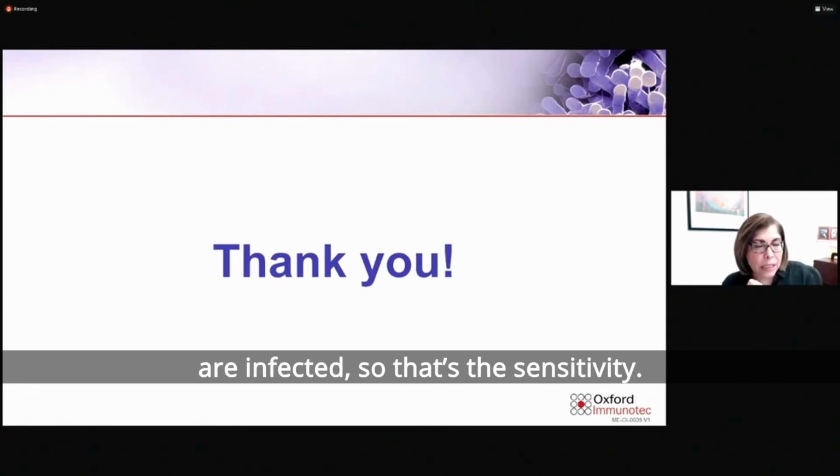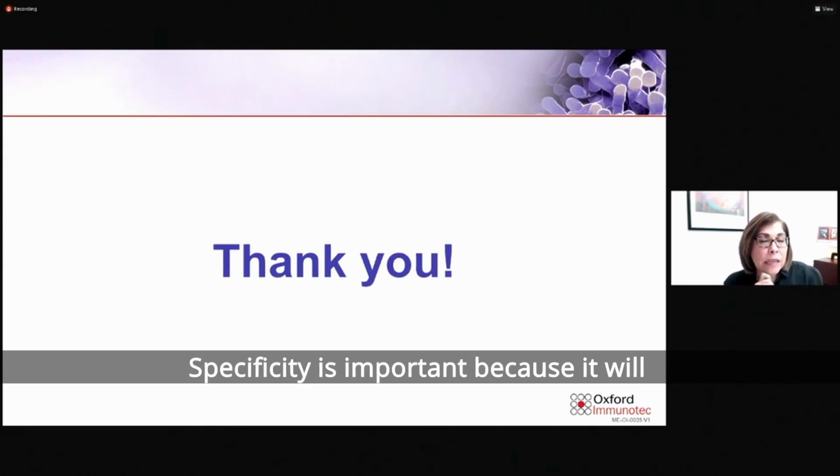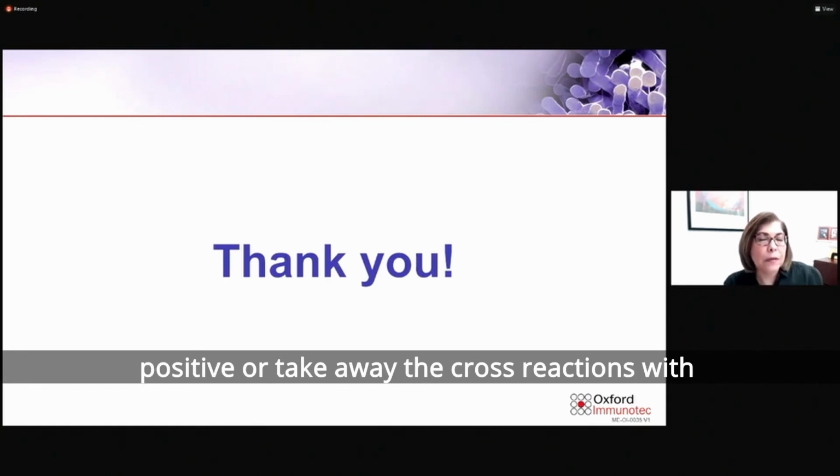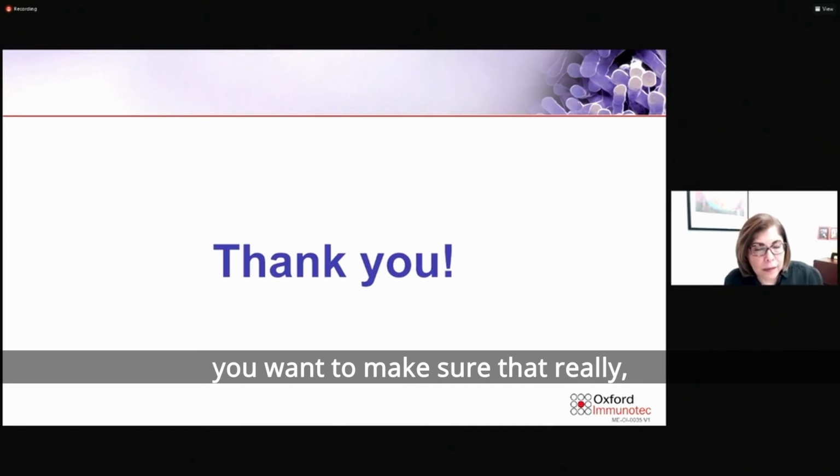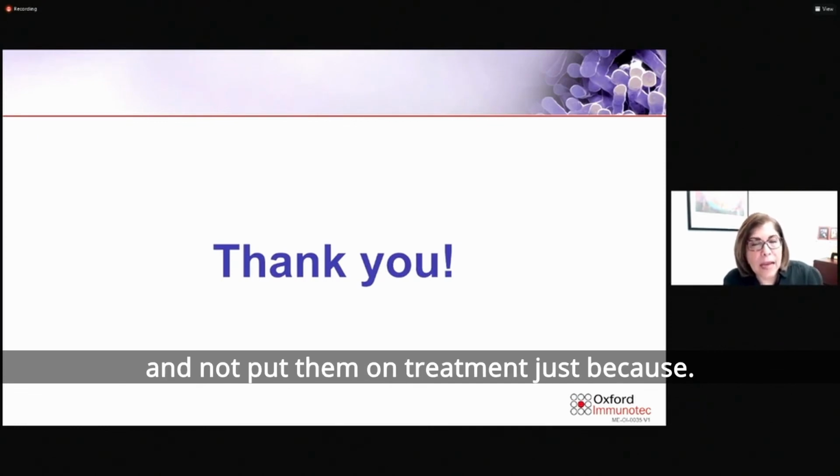Specificity is important because it will tell you if a test is truly positive, taking away the cross reactions with other tests. This is important because if you're going to treat these kids, you want to make sure that they really deserve the treatment and not put them on treatment just because.